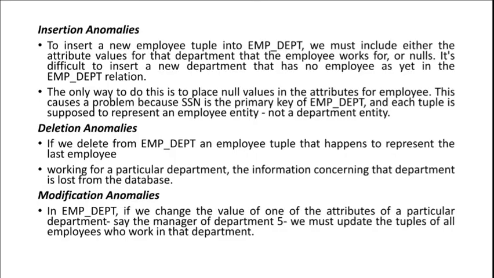And the last one is modification anomaly. In employee department, suppose you change the value of one of the attributes of a particular department, for example, the manager of department 5, we must update the tuples of all the employees who work in that department. Very simple, guys.